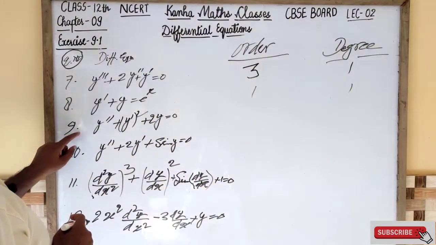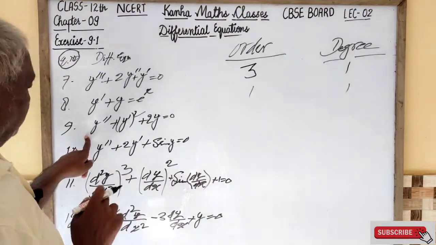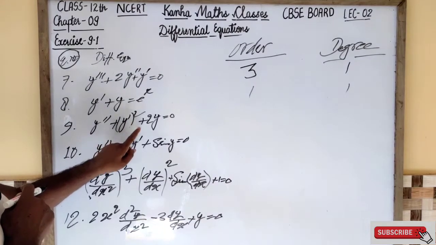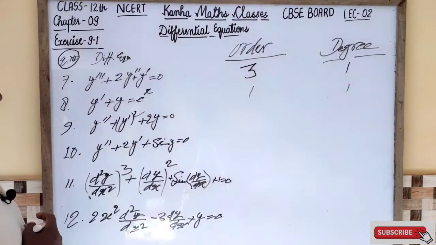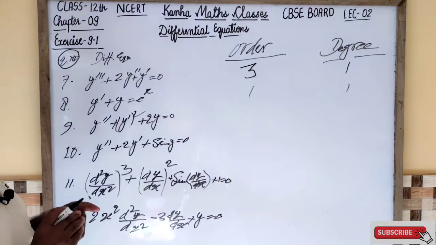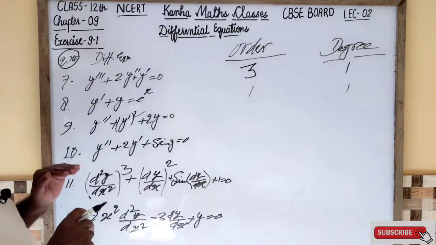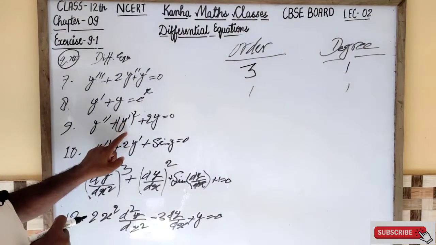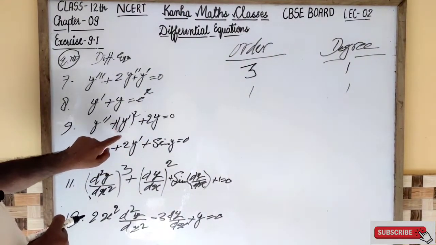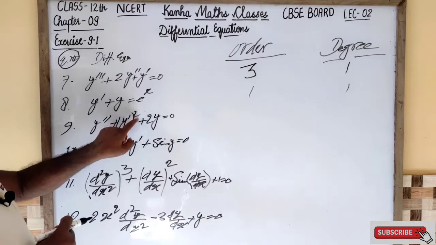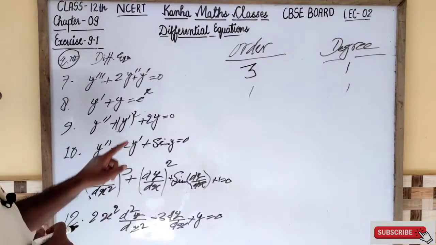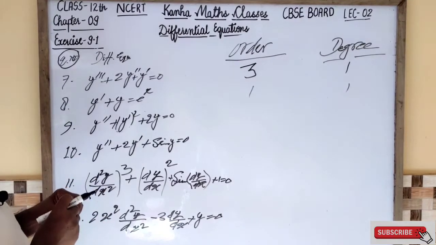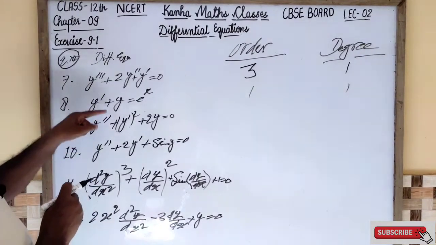Now in question number 9 we observe y double dash plus y dash square plus 2y is equal to 0. It is very distinct that from the power point of view, the derivative y dash has the highest power, I mean 2, but according to the definition of degree, it is the power of the highest order derivative.